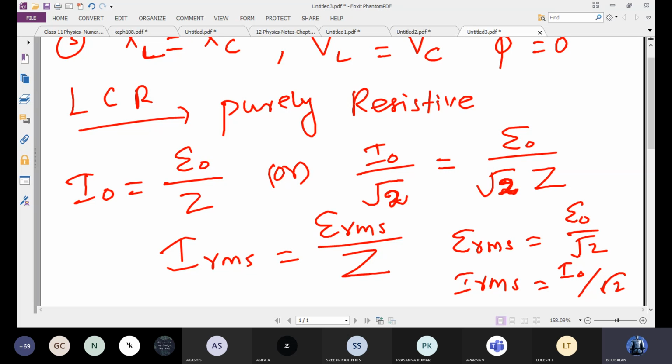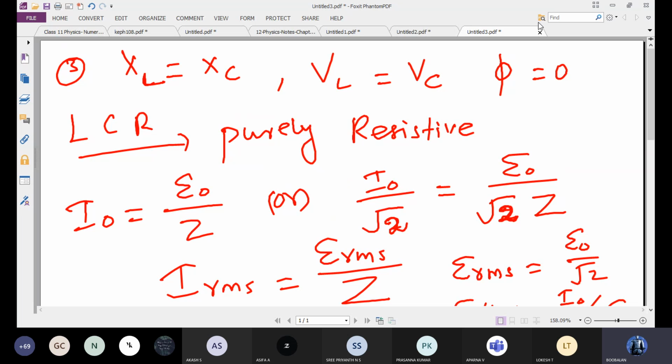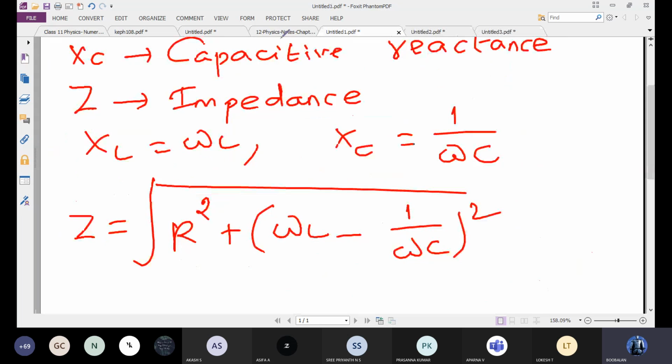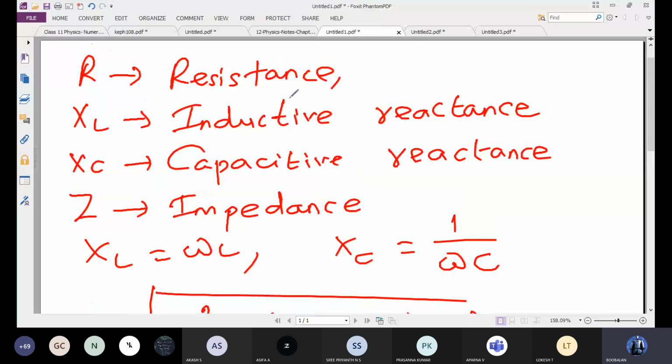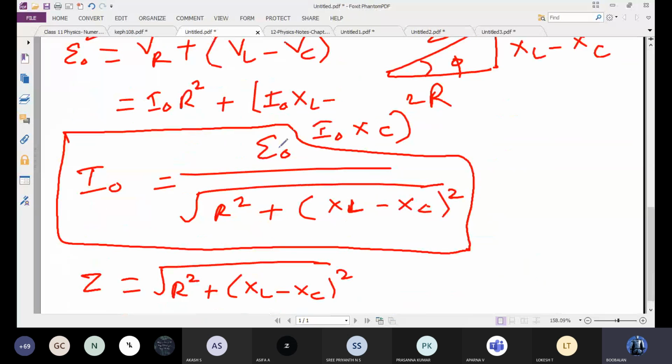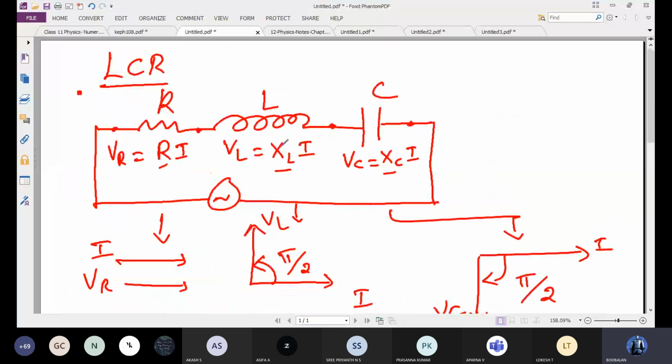Listen everyone. One small recap. First of all, what is LCR? L is the inductance, R is the resistance, C is the capacitance. All three are connected in series with one AC source.